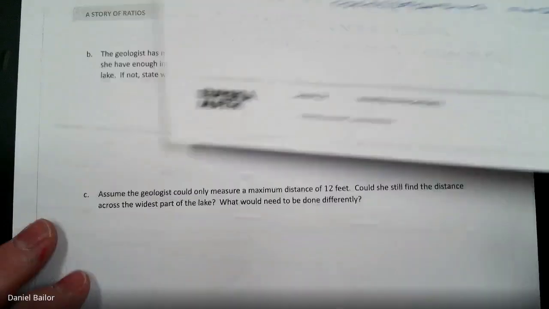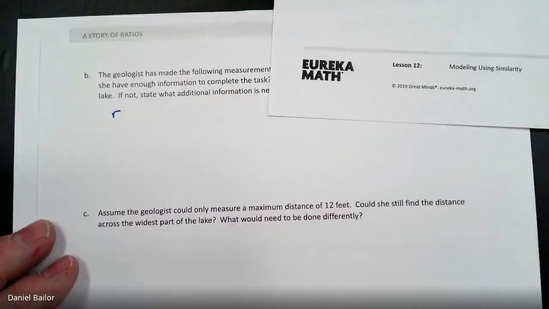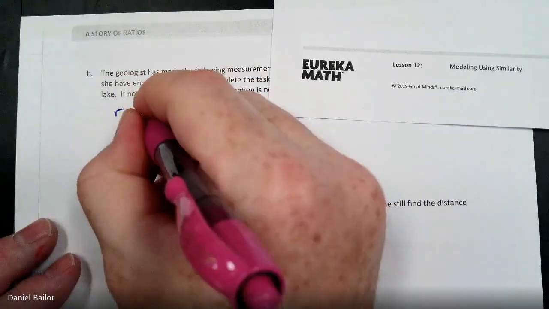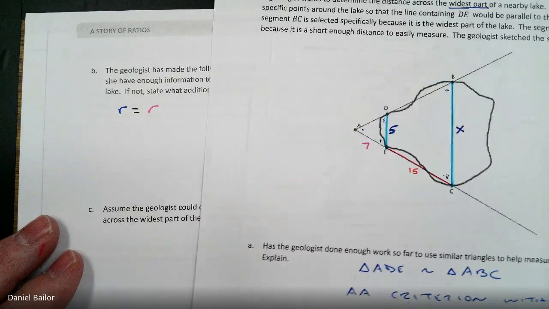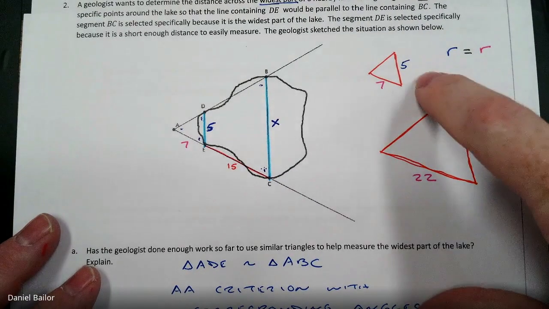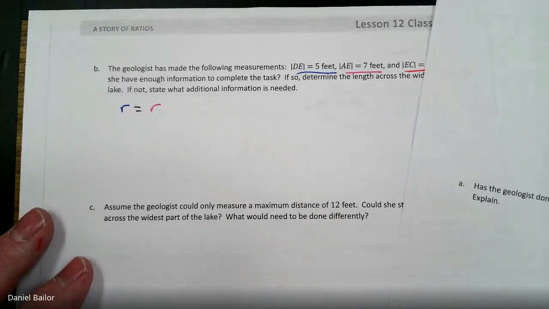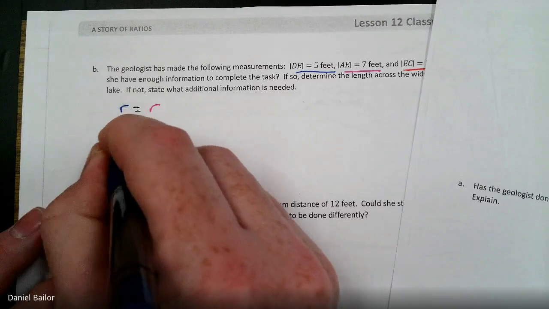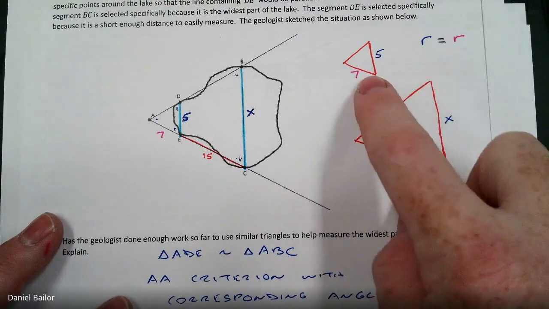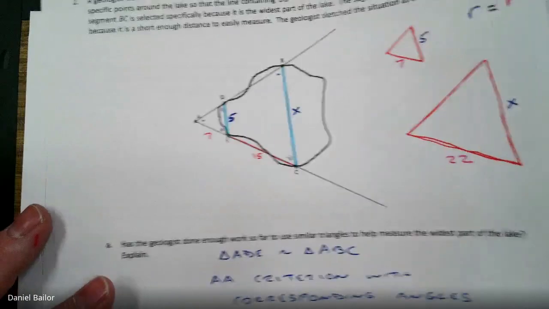So for part B, we know the blue ratio equals the pink ratio. I'm going to say the blue ratio is 5 and X. Those are our blue numbers. So we take 5 on top of X, and that equals the pink one, which is 7 on top of 22.